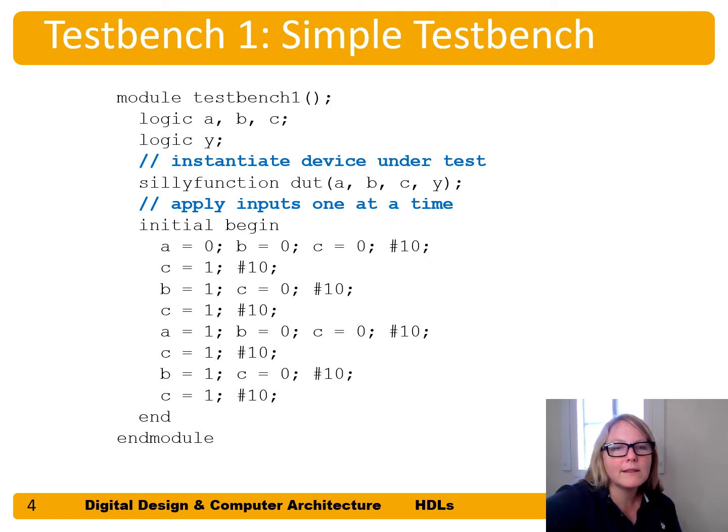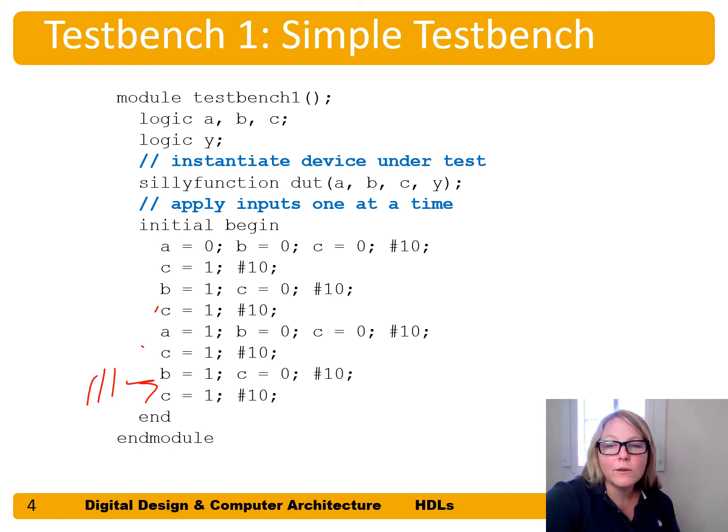Then we make C 1, so now we have 0, 0, 1. Again, delay so we can see how the output Y changes. 0, 0, 1, then 0, 1, 0, 0, 1, 1, and so forth till we have all of the input combinations. This final one is going to be 1, 1, 1 on A, B, and C.